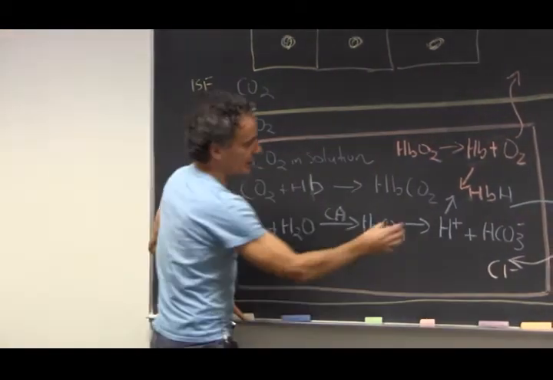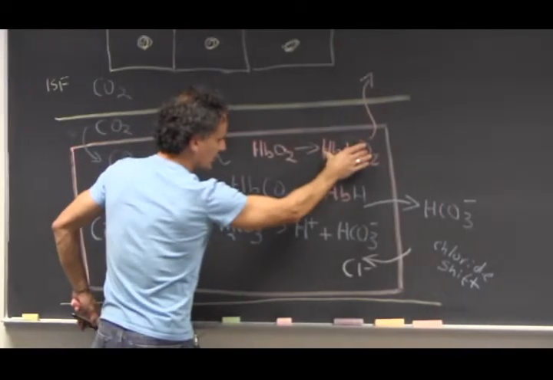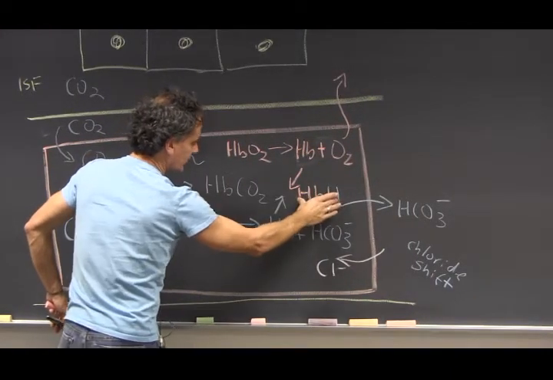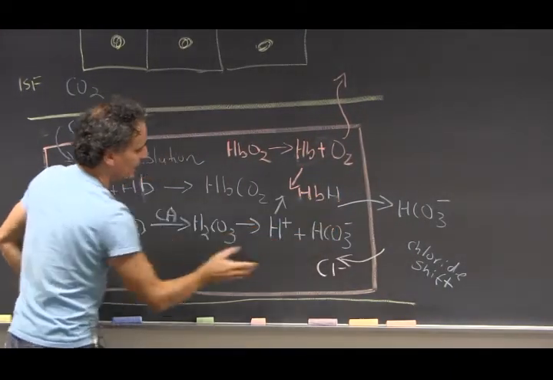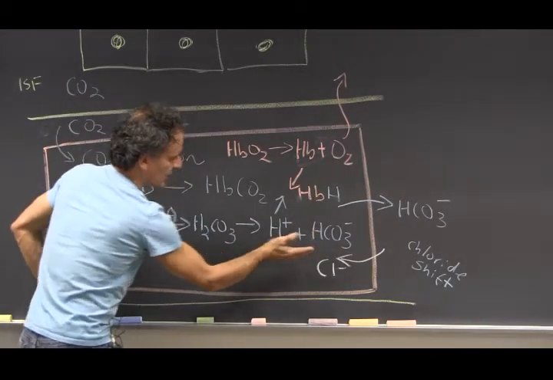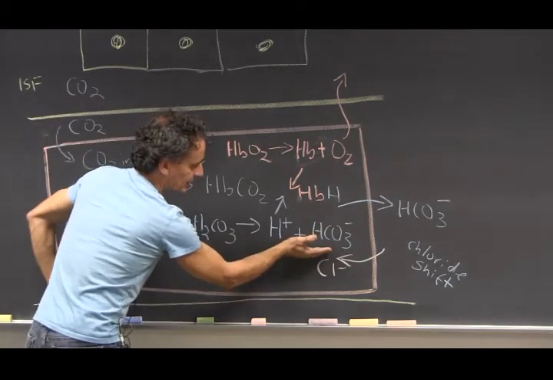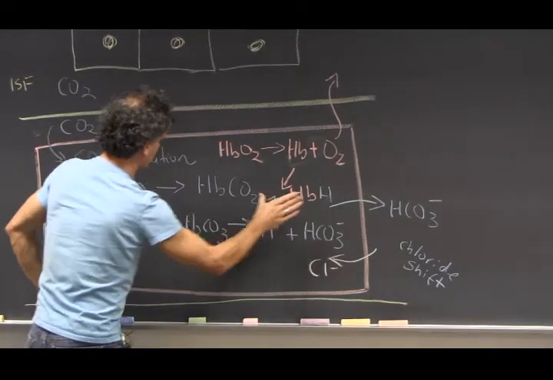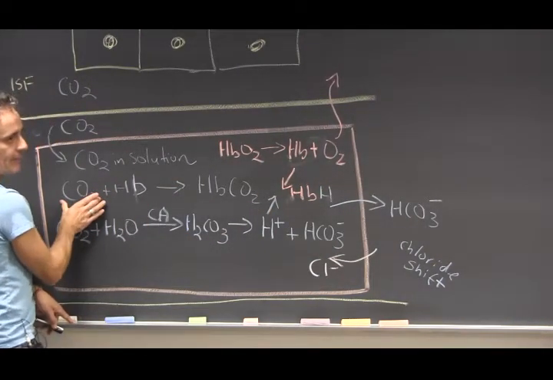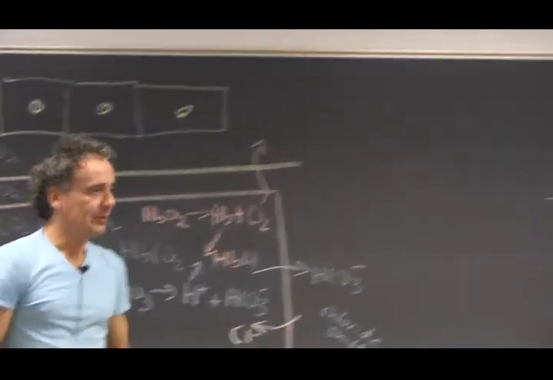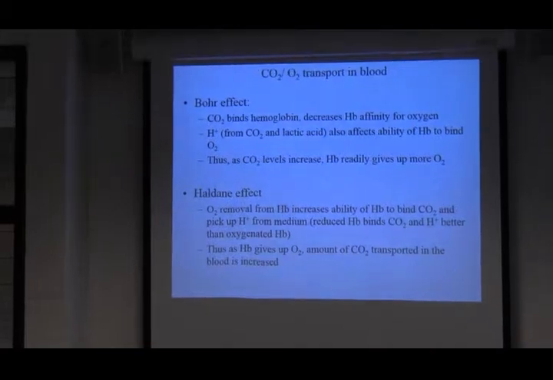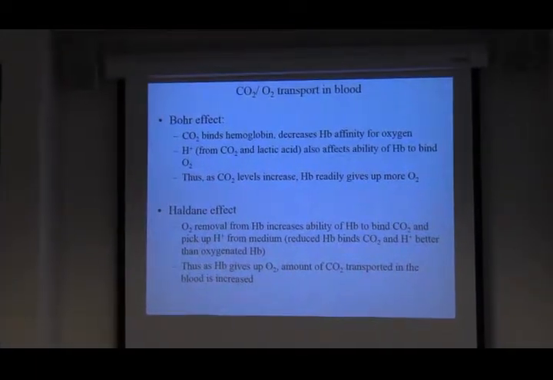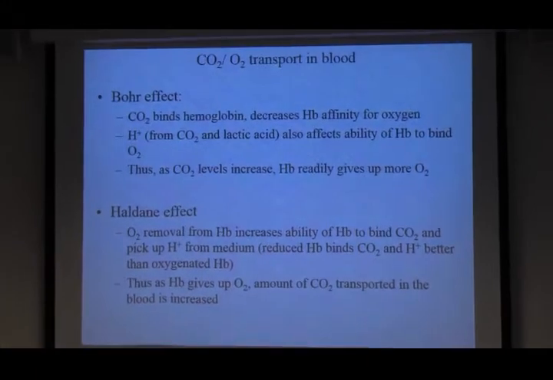So again, in summary, as hemoglobin gives up oxygen, it becomes reduced, pulling this reaction to the right, enhancing the formation of bicarb, enhancing the ability of blood to carry CO2 in the form of bicarbonate. The reduced version of the molecule can also bind CO2 better. This is what we refer to as the Haldane effect. So you both should be very familiar with these two concepts, which are summarized in this next slide.